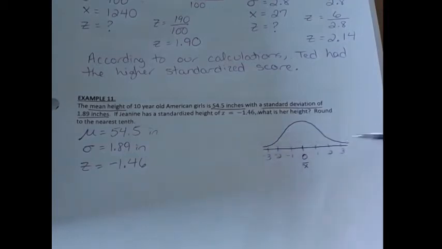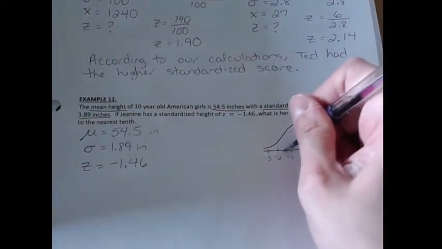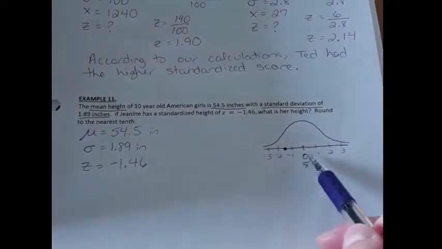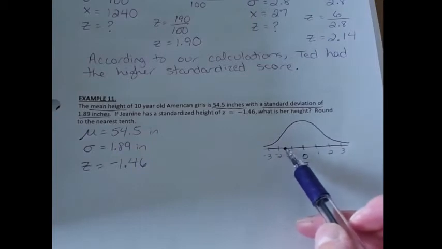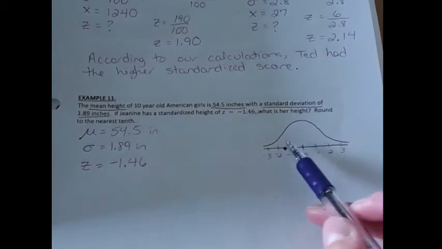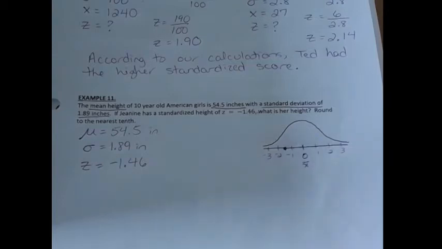But obviously you can have values in either tail. Okay, so visually this is what it would look like. So if Janine has a height of z equals negative 1.46, Janine is approximately here, which means if the mean is a z-score of 0, then she's shorter than the average 10-year-old girl. Her height falls below that of the average. Hopefully the visual is helpful.